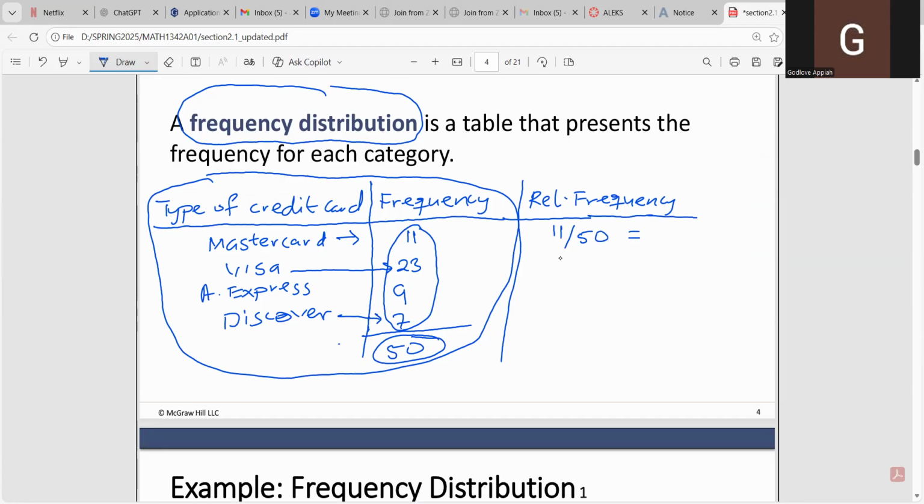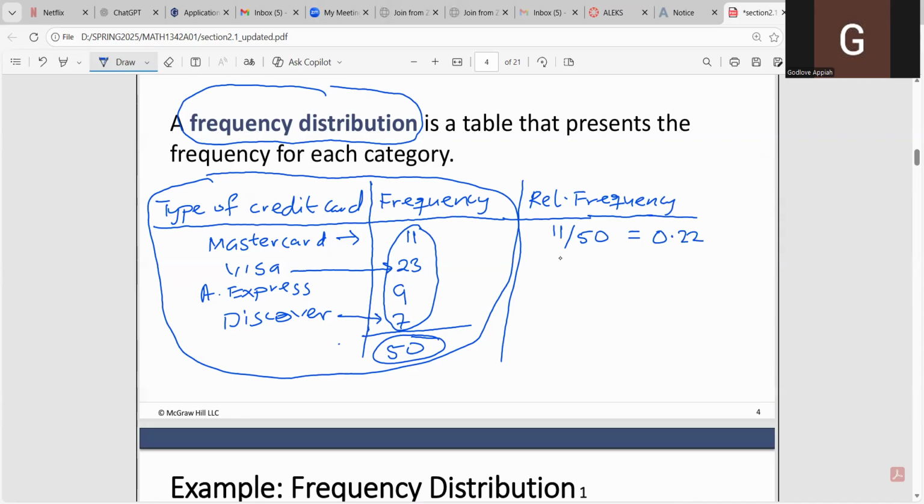That should give me the relative frequency of this category. I'm going to change that to a decimal number rounded to 2 decimal places. So this should be approximately 0.22. That is going to be the relative frequency for the MasterCard category.